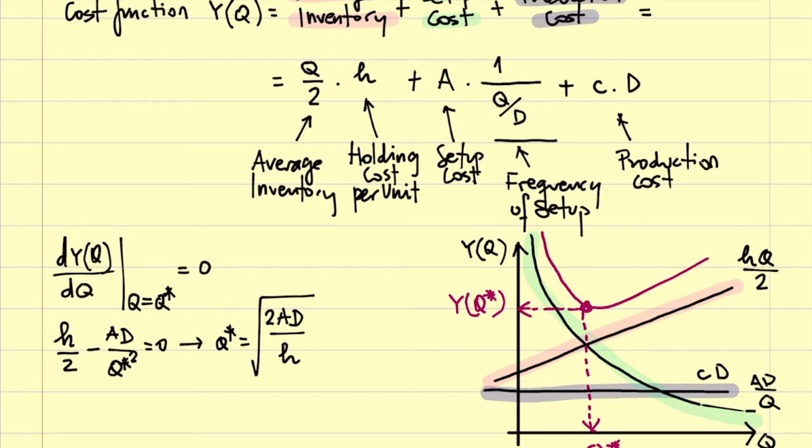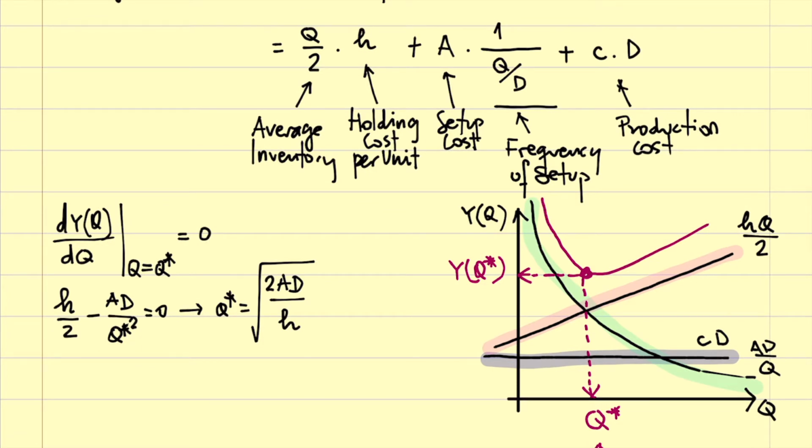Okay, if we put this value into the formula, epsilon of Q star equals H Q star divided by 2 plus AD divided by Q star plus CD. This we make 0 because it's just a constant, so that all the formula is easier. And then we just substitute the value of Q star into the formula.